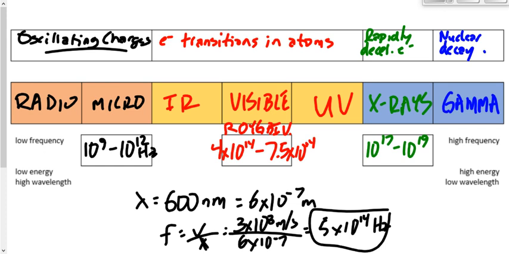Visible light, yeah. Now, it would be very, very unlikely that you would have to identify which color of visible light. If you did, it would almost certainly be, say, like 4.1 times 10 to the 14, or 7.4 times 10 to the 14.